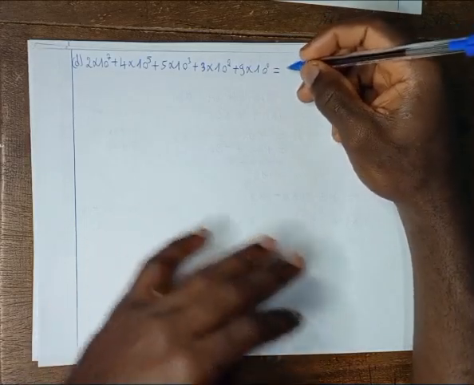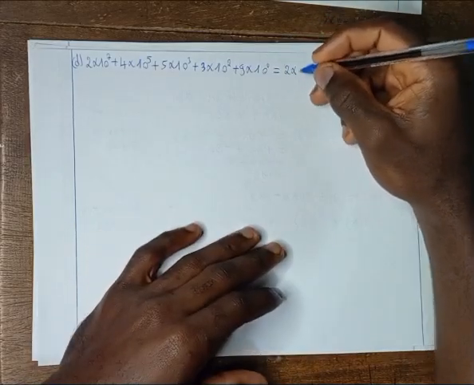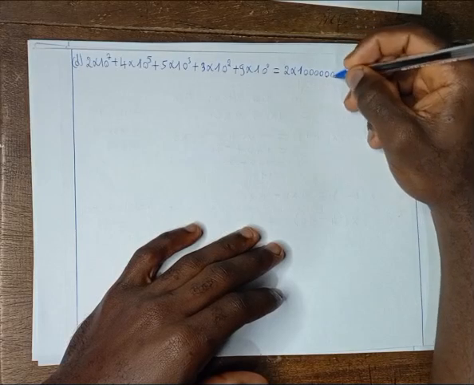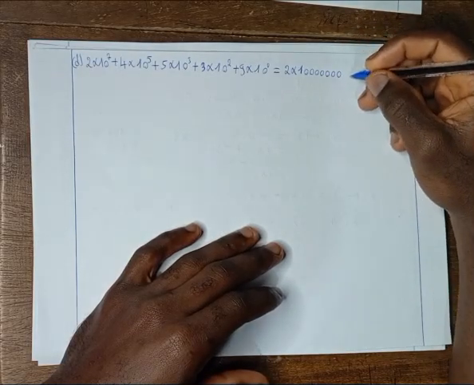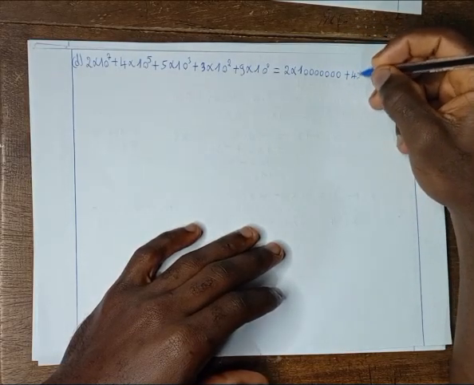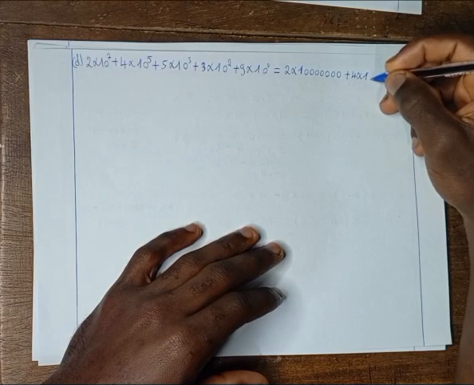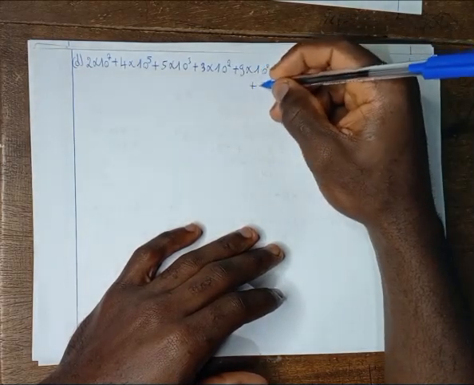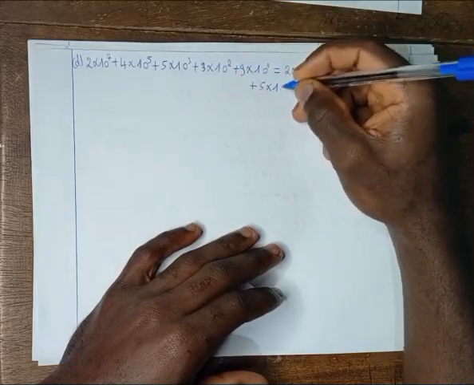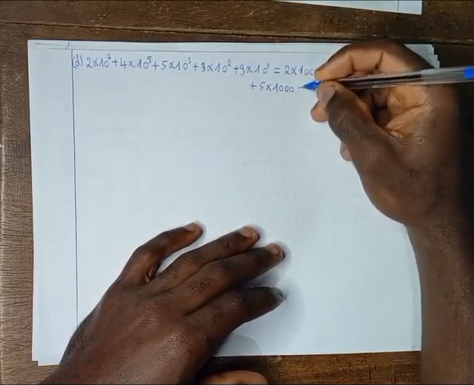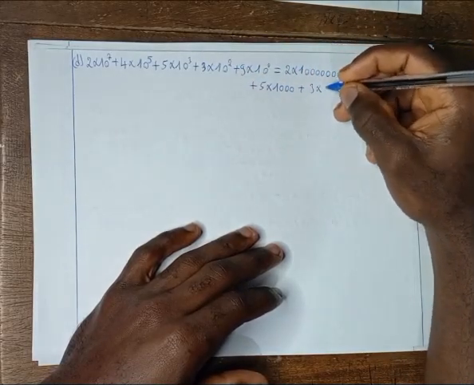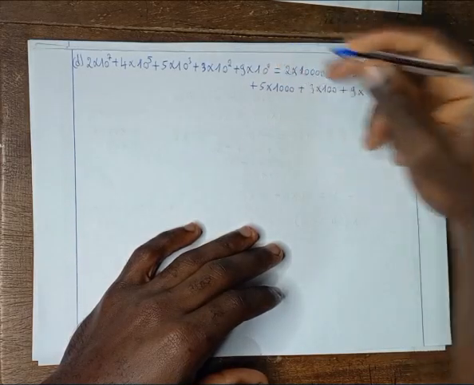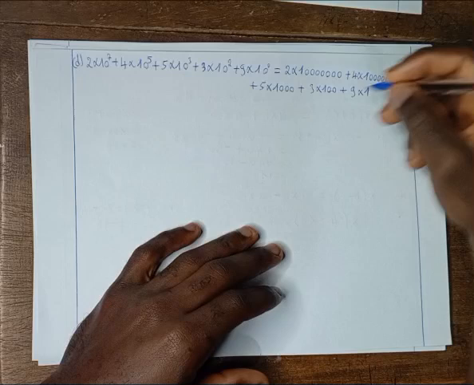This will simply be equal to 2 times, we know 10 to the power 7 is simply 1 with 7 zeros, which is 10 million, plus 4 times 10 to the power 5 will give us 1 with 5 zeros, plus 5 times 10 to the power 3, 1 with 3 zeros, 1000, plus 3 times 10 to the power 2, 1 with 2 zeros, plus 9 times 10 to the power 0 is simply 1.